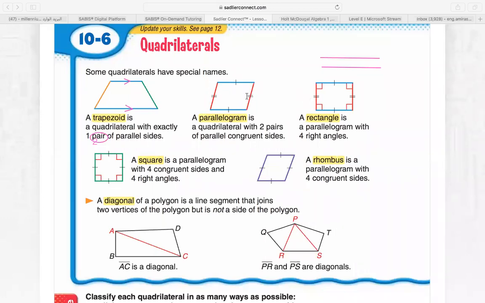And the 2 red lines, they are parallel and they have the same length. Okay, girls? So the blue are parallel and have the same length. Girls, let me close this one.